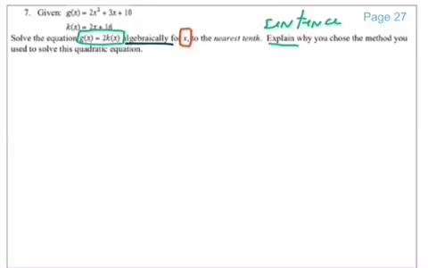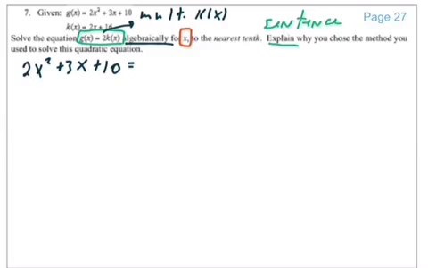When, though, you have the 2 in the front, that means to take g of x, which is 2x squared plus 3x plus 10, and instead of just setting it equal to k of x, the 2 in the front means to multiply k of x by 2. So in order to multiply it by 2, be sure to use parentheses. So it'll be 2 parentheses 2x plus 16.